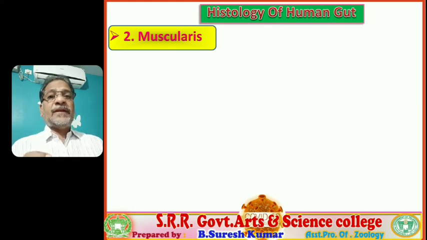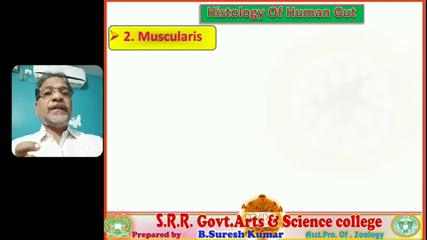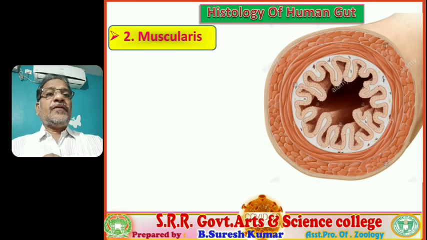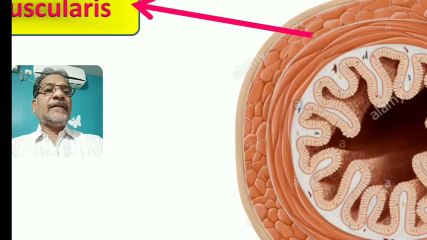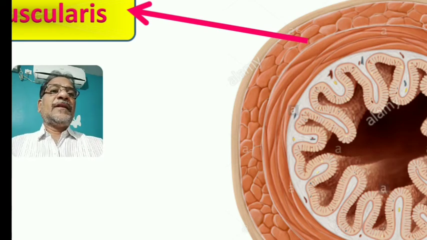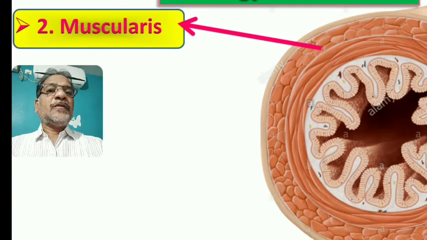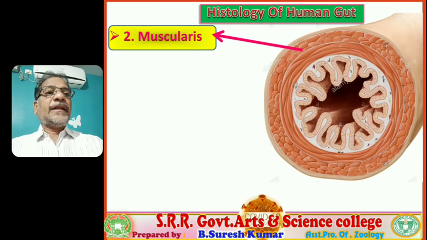So here also, in the alimentary canal, the gut also, the muscularis is made up of smooth muscles. You verify this visual clearly. Reddish colored bundles are there, you observe. Those bundles are muscle bundles, smooth muscle bundles. So that is the muscularis layer.